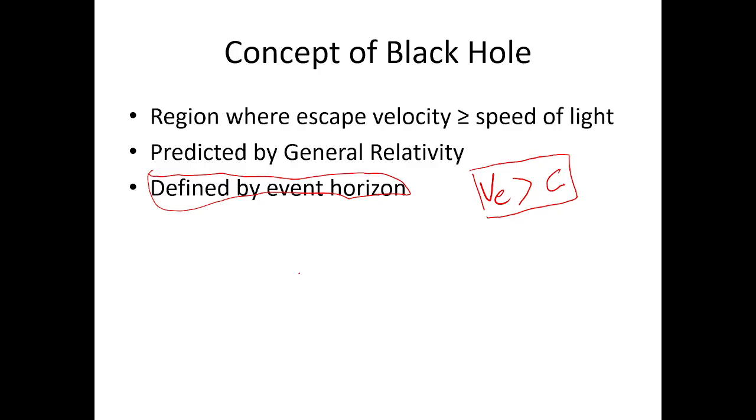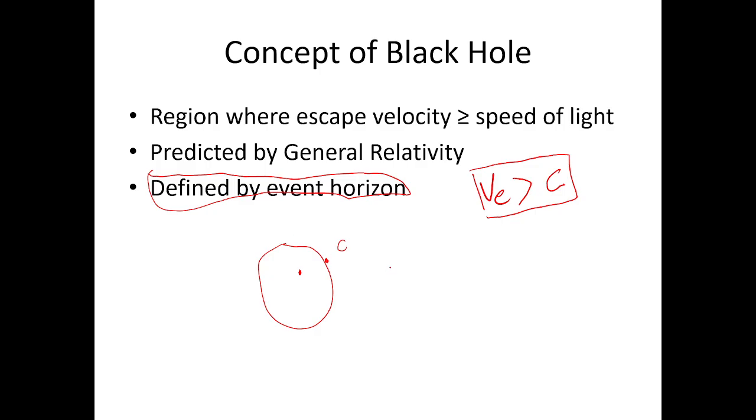Let's say here is the singularity and a surface where the velocity for any body is to be c, the velocity of light. If somebody wants to reach this surface, the velocity should be c for that body. This surface is called the event horizon.